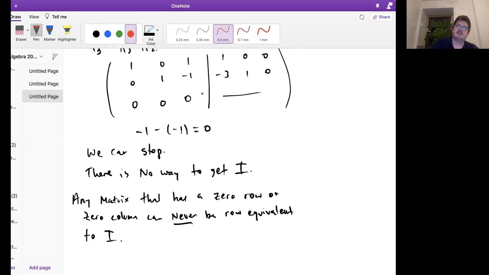There's no way to turn that into a 1, right, without changing the other entries. So what does this mean about the inverse? Correct, it means there is no inverse.